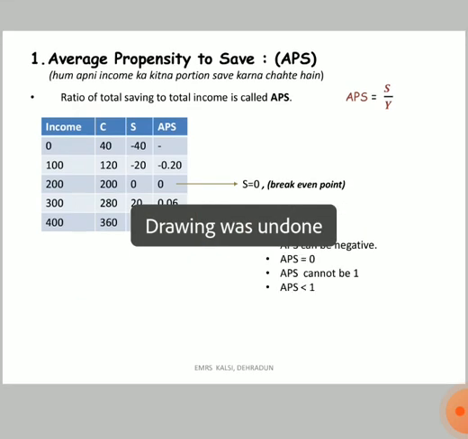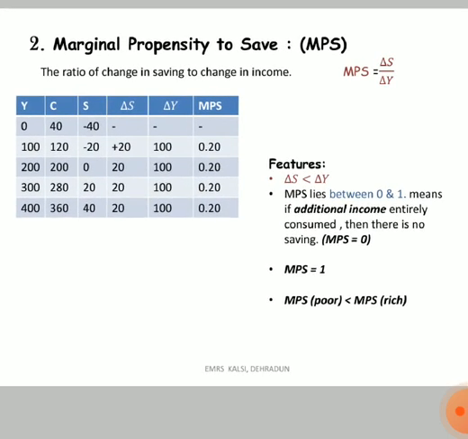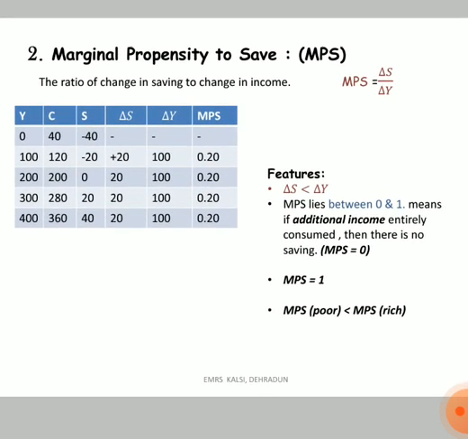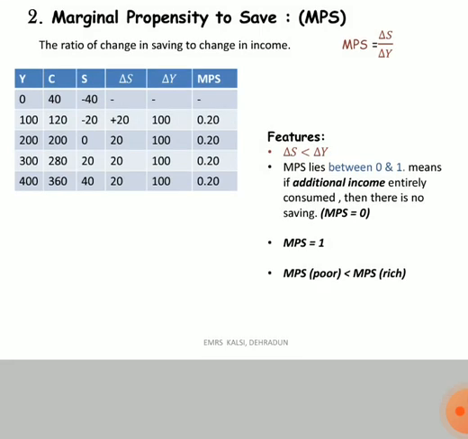So this was our average propensity to consume. Now the next thing is our marginal propensity to save. When we say marginal, it means additional. So if we are getting rupees 800 additional, we will calculate using that additional income. So our income was this, our consumption was this.